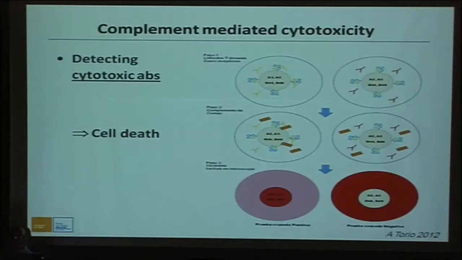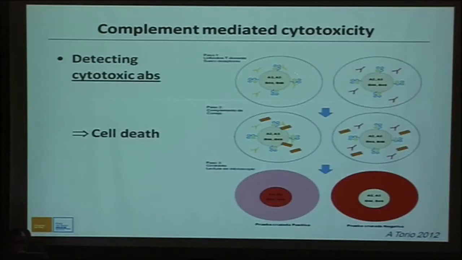This is a review, so sorry for the experts that I have to review a little bit what is the basis of these kinds of diagnostic tools we have in the lab. Because all of us know what a CDC crossmatch is, a classical complement-mediated cytotoxicity that we always do to our patients, confronting the donor cells with the recipient sera.